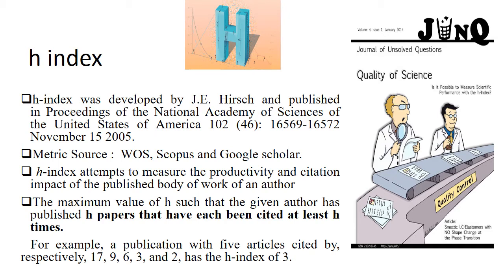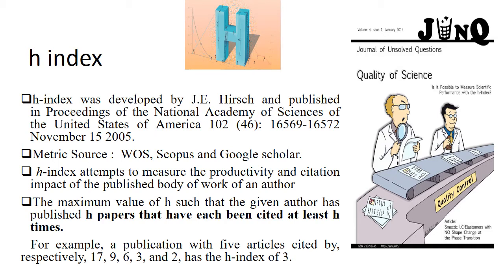The first article has 1 citation or more, condition satisfied. The second article has at least 2 citations, and the first article also has at least 2 citations, so 2 papers have at least 2 citations. Condition satisfied. Let's take the third article. The first has 17, the second has 9, the third has 6.